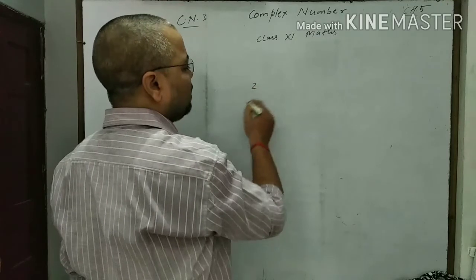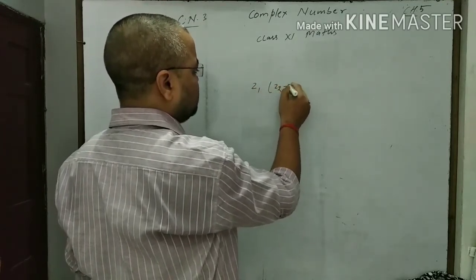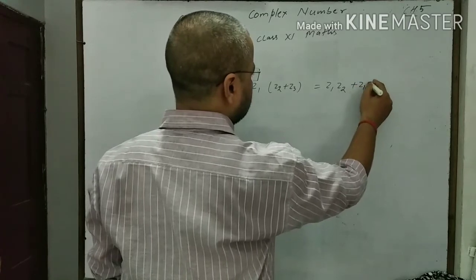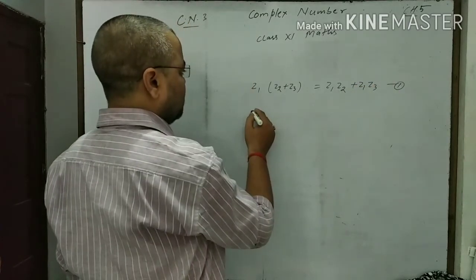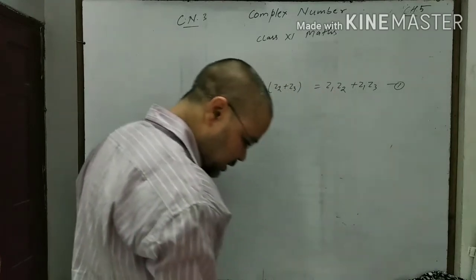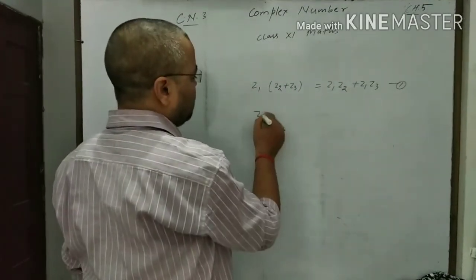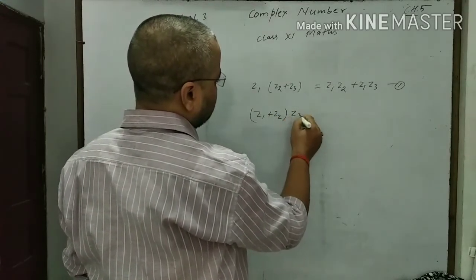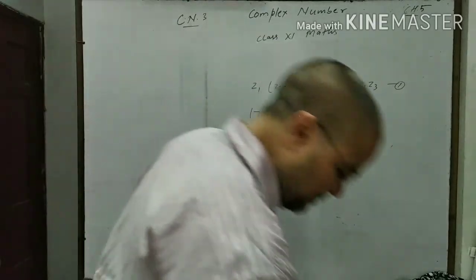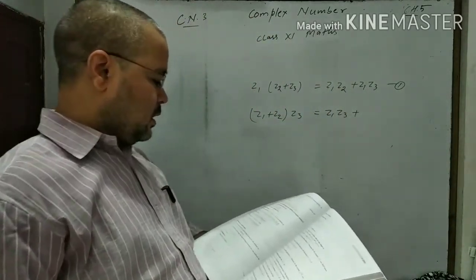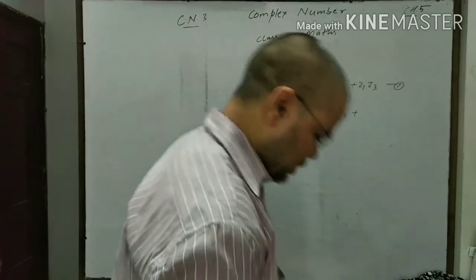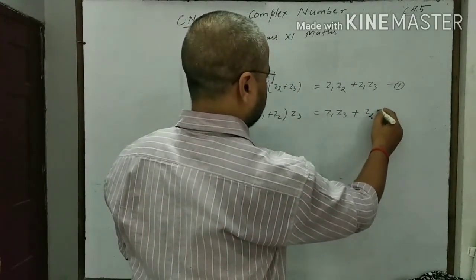It means if we have three complex numbers z1, z2 and z3, then z1 into (z2 plus z3) is z1 z2 plus z1 z3, and if we have (z1 plus z2) into z3, then it would be z1 z3 plus z2 z3.